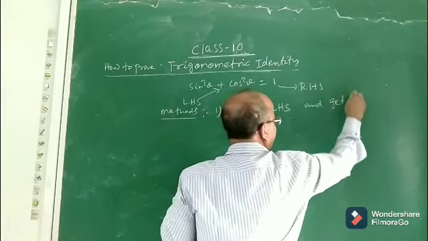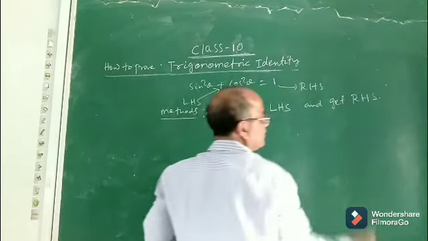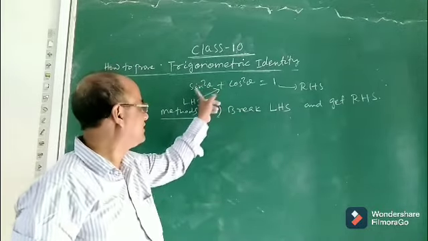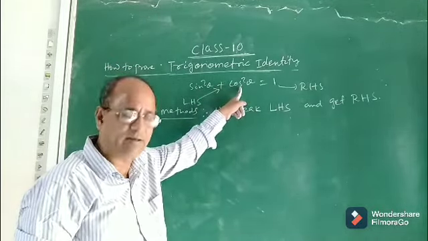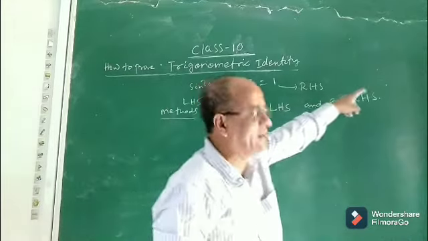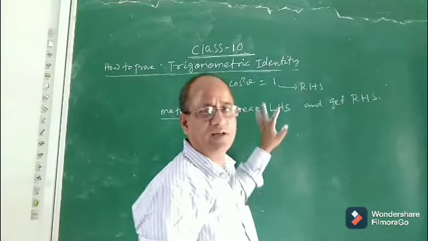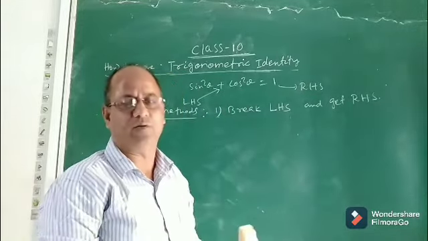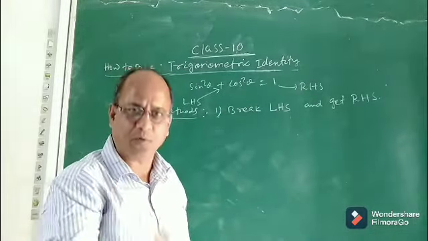What does it mean? It means you will split the left hand side of the identity, and if you got the right hand side, then the proof is over. The identity is true or proved.